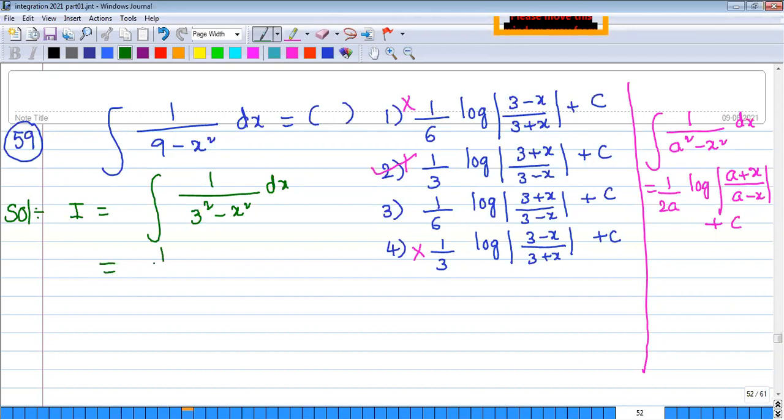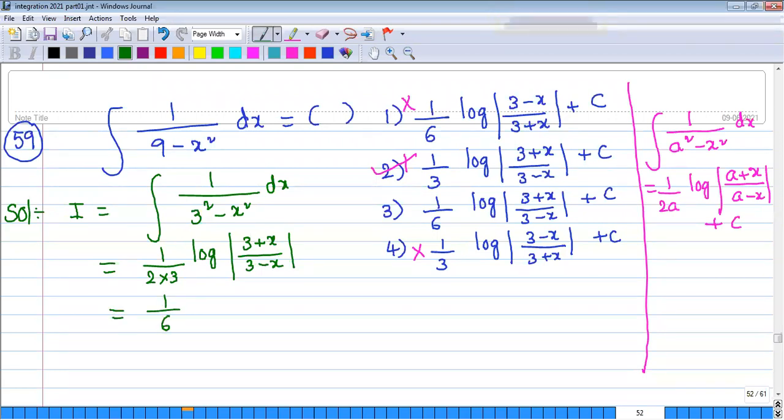So 1 by 2 times 3 log mod of 3 plus x upon 3 minus x, that is 1 by 6 times log of mod 3 plus x by 3 minus x plus constant of integration.